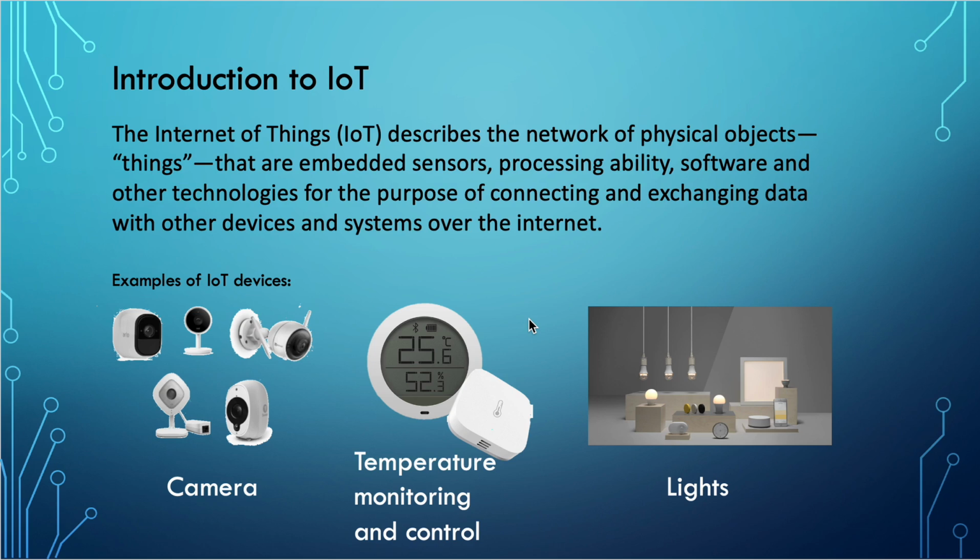So temperature monitoring and control devices are also a part of IoT. Connect a temperature control device with other devices around you, with your AC, with your heating unit, with your smart home control panel, and you have an IoT device with you.